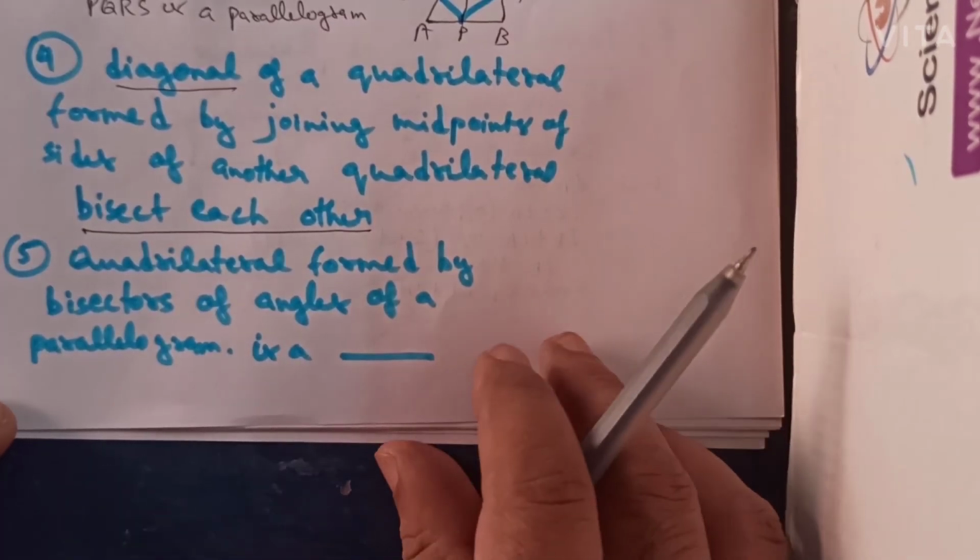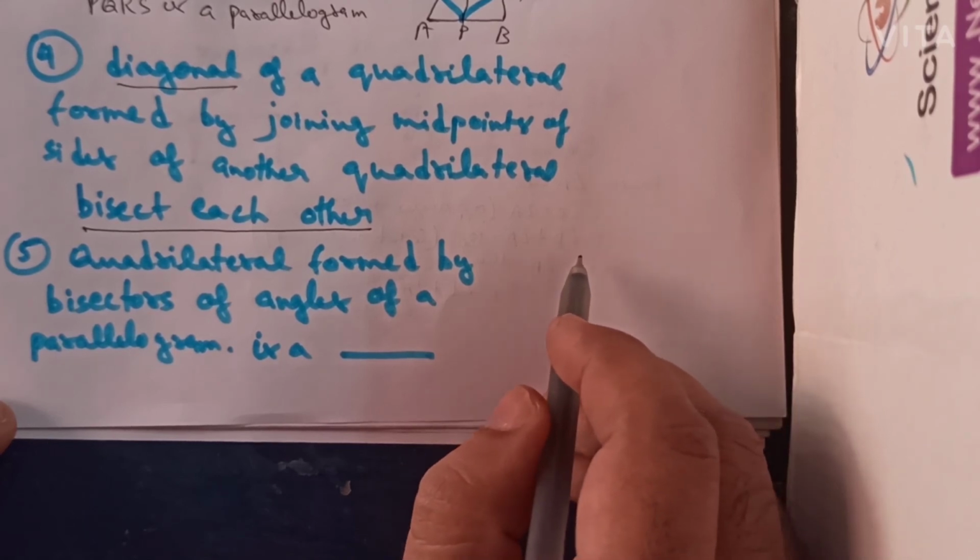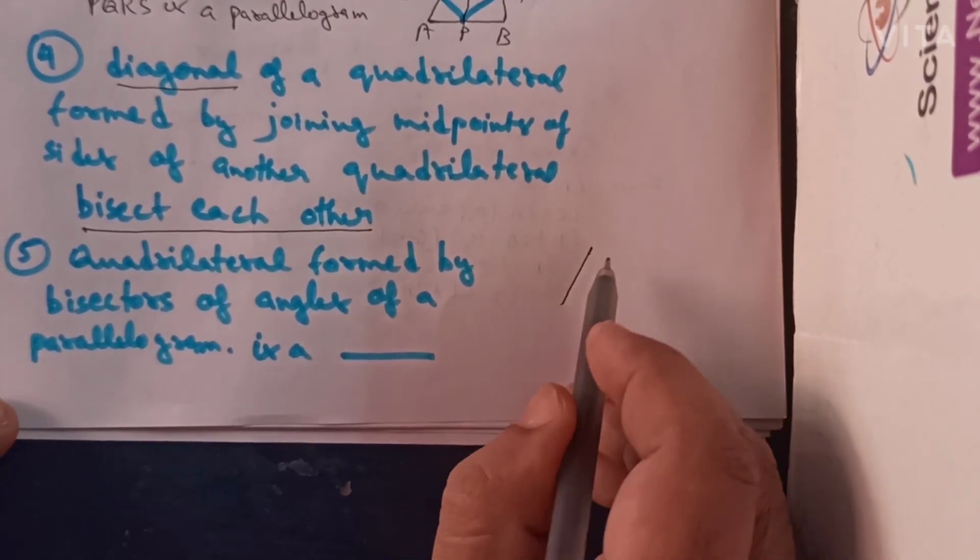Next point, a quadrilateral formed by the bisectors of the angles of a parallelogram.